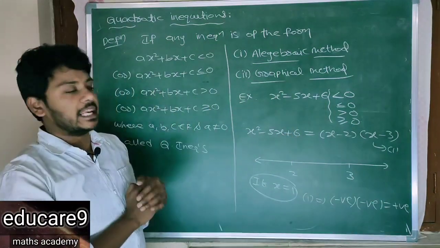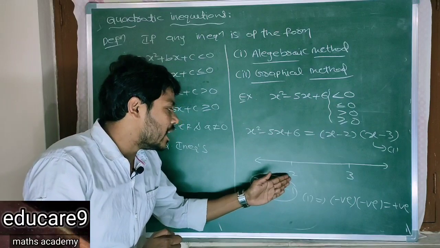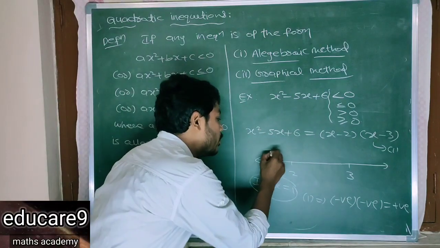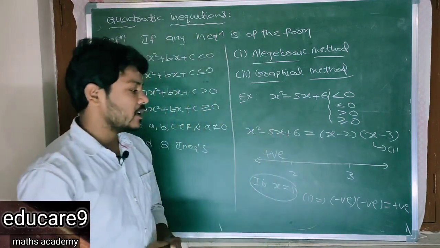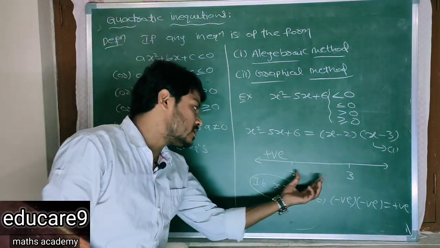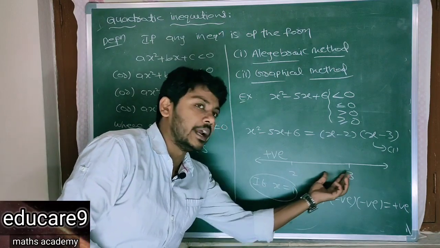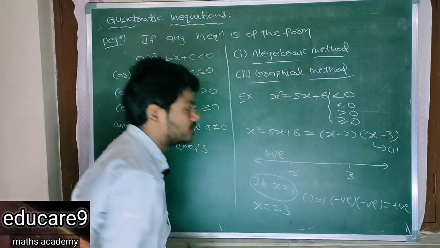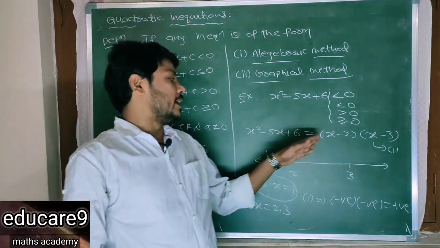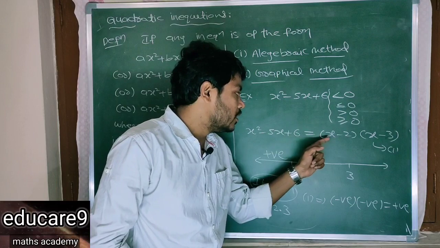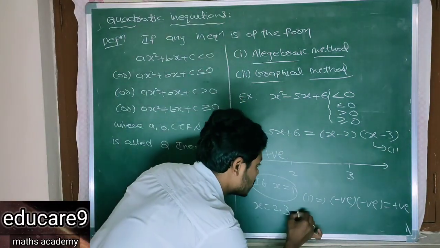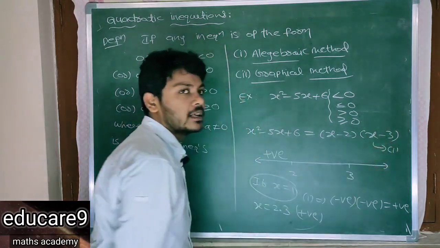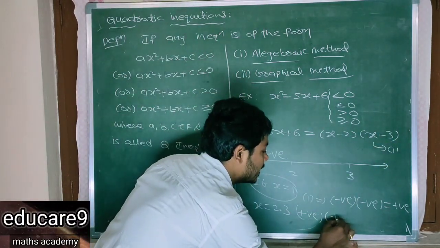If you substitute any value of x less than 2, the sign is positive. If you substitute values between 2 and 3, for example x equals 2.3, what do you get? 2.3 minus 2 is positive, and 2.3 minus 3 is negative.